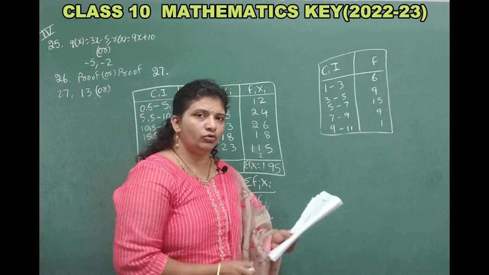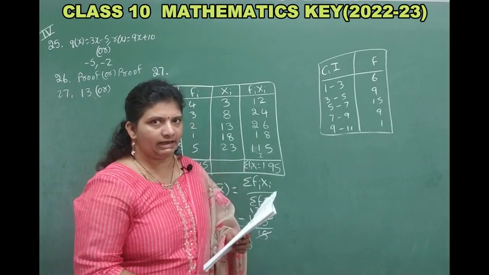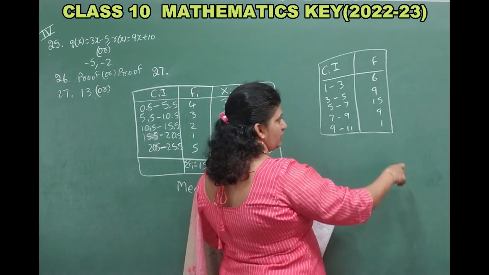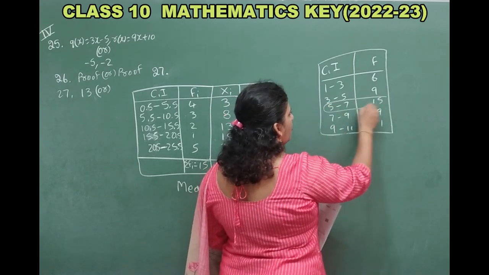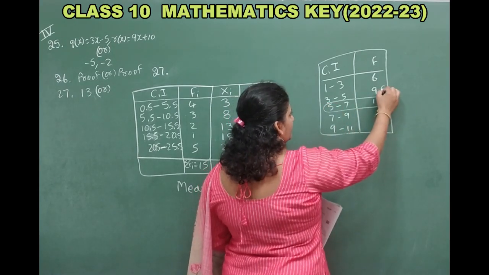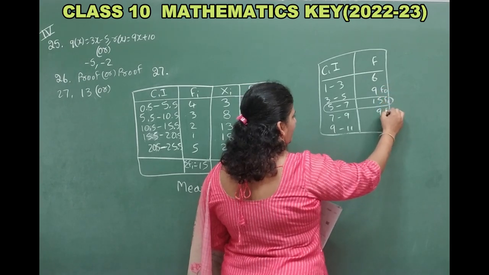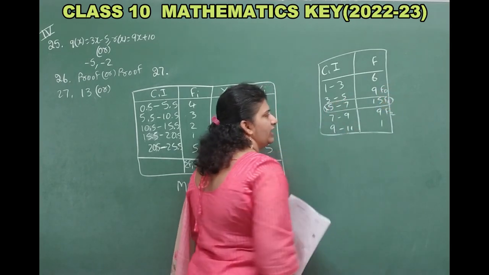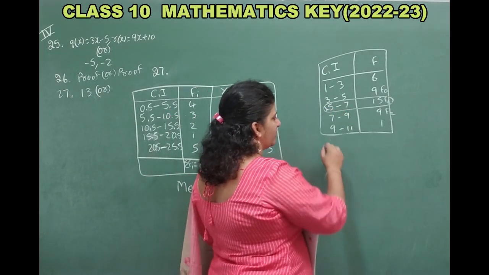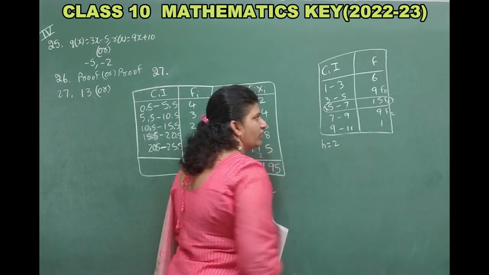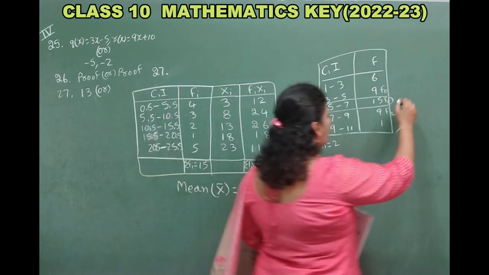How to calculate mode? First, identify the modal class. In frequency, what is the highest frequency? 15, right? This is your modal class. Mark this F0, F1, F2, and this is your lower limit. H is a class size. That is 7 minus 5. H is equal to 2. Right? Now, what is your mode formula?